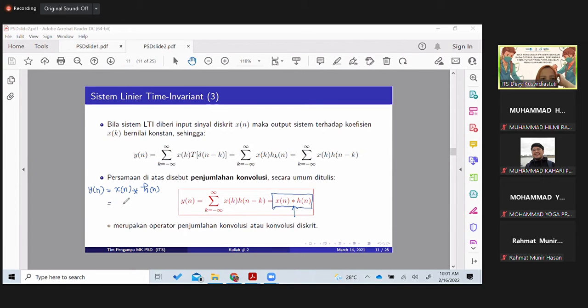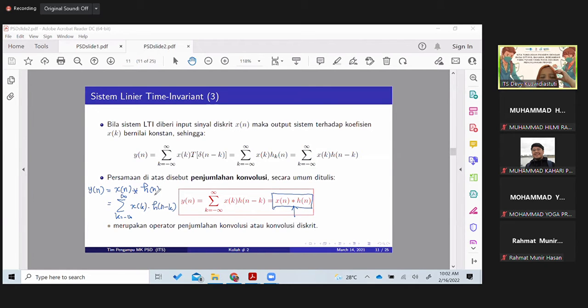This equals the operator here, k from minus infinity to infinity, x[k] times h[n-k]. That would be the formula for discrete convolution between an input signal and the impulse response of the system.